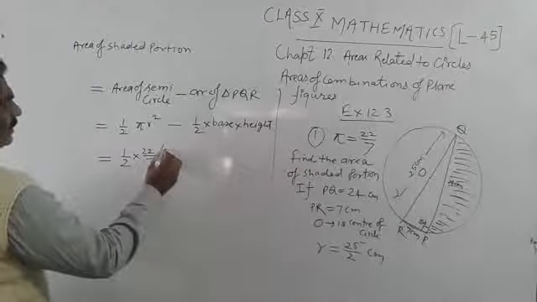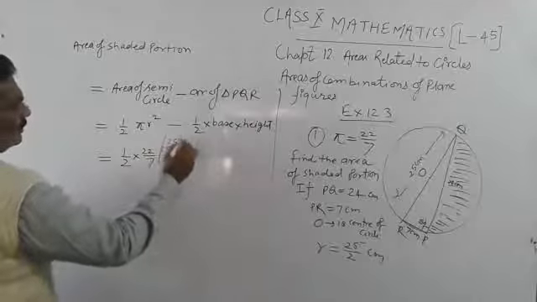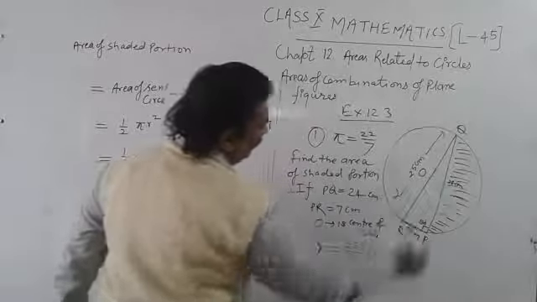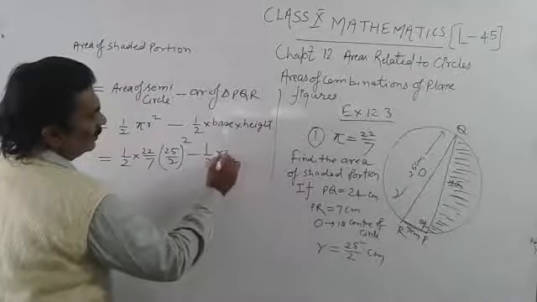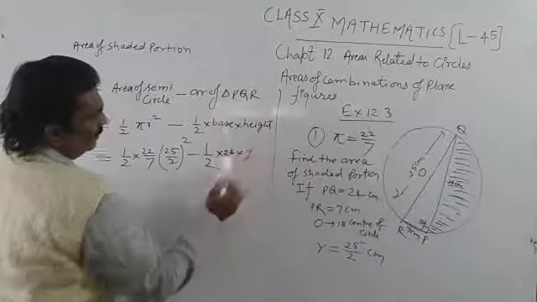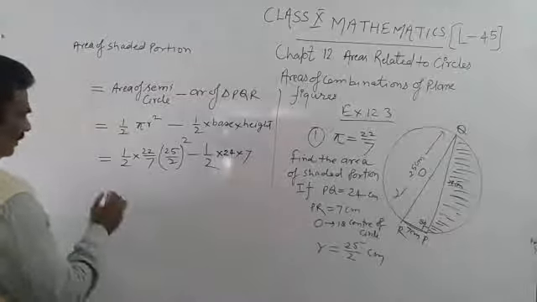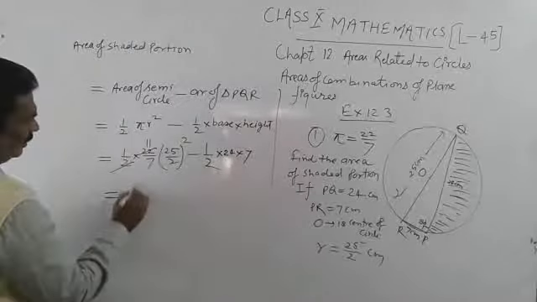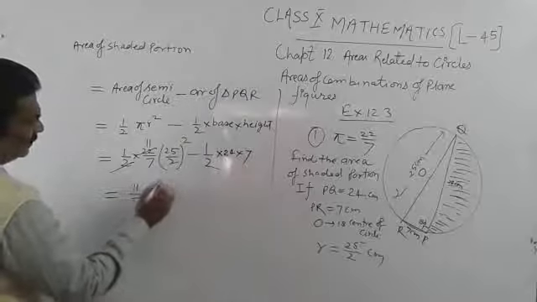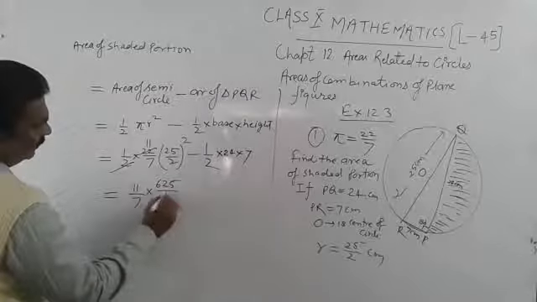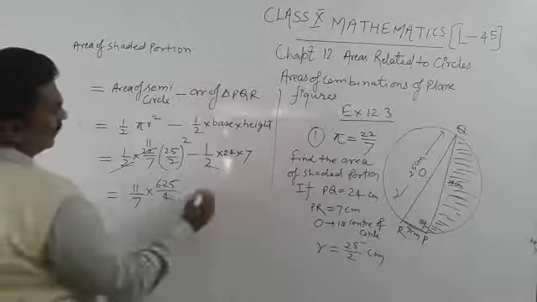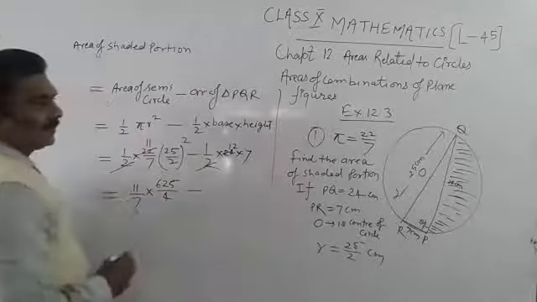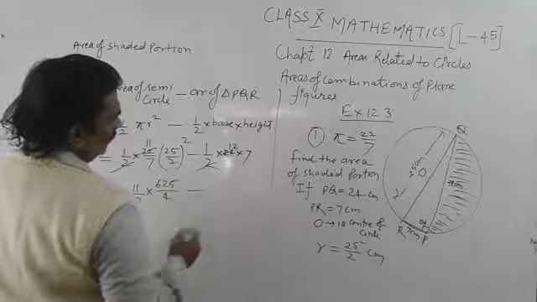So this will be 1/2 into 22/7 into 25/2 whole square minus 1/2 and base you can take 24 centimeter and height may be 7 centimeter. So now students, we will solve this. 2 11s are 22, so 11/7 into 625 upon 4 minus 2 12s are 24, and 12 7s are 84.